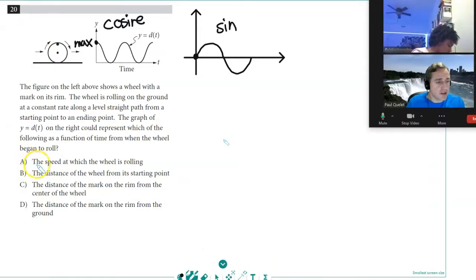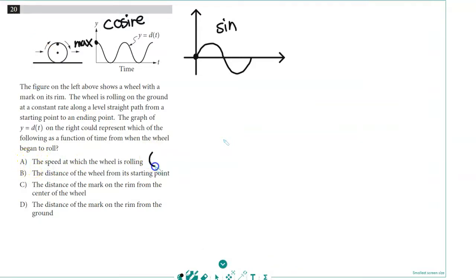Okay, so let's just go through each of these. Let me see, the speed at which the wheel is rolling. So I think that'd be constant. So that's not correct. The distance the wheel is from the starting point. Okay, so I think that's going to be a graph like this.